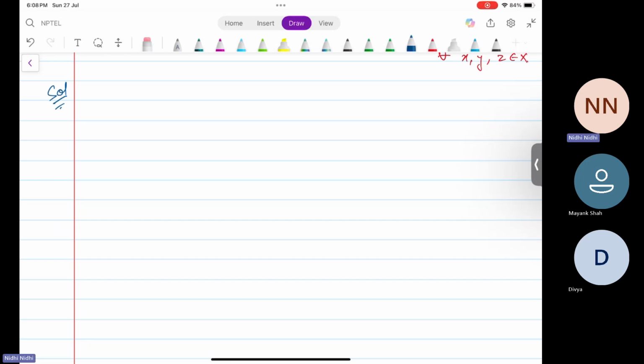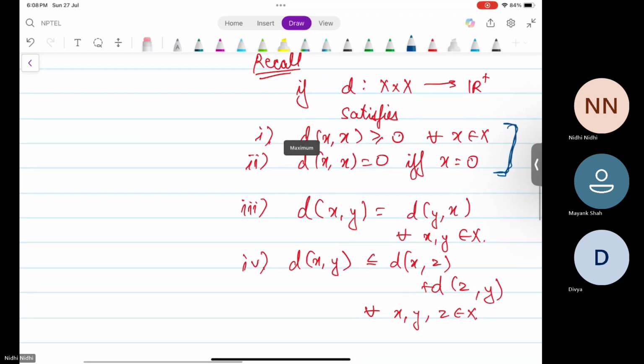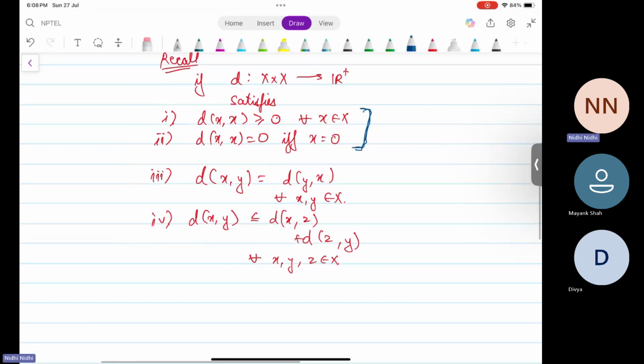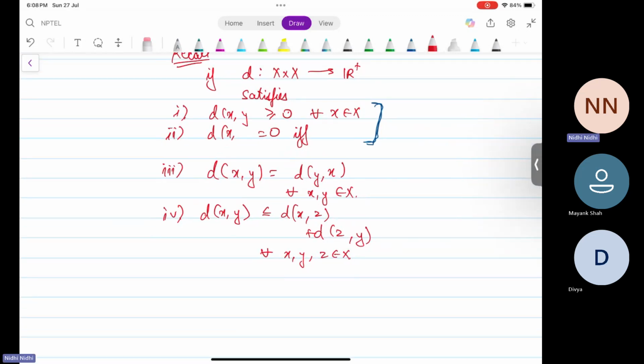So, firstly, we need to show that d(x, y) is positive, and d(x, y) is 0 if and only if x is equal to y. I have written this wrong.